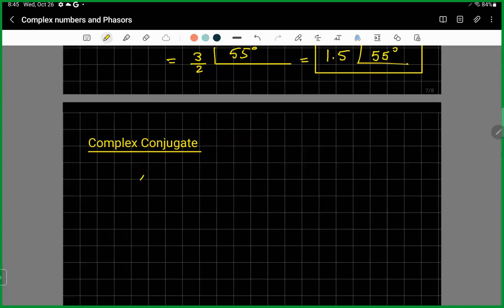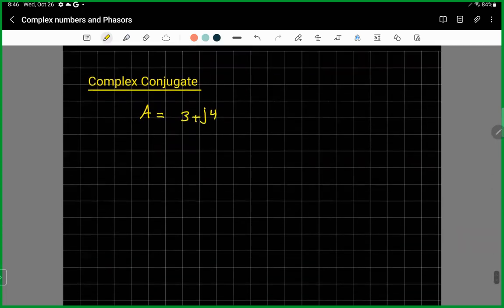So if you have A equal to, let's say, 3 plus J4, so if you go to X and Y, that's X, that's Y. So you have 1, 2, 3, and you go up for 1, 2, 3, 4, that corresponds to J4.